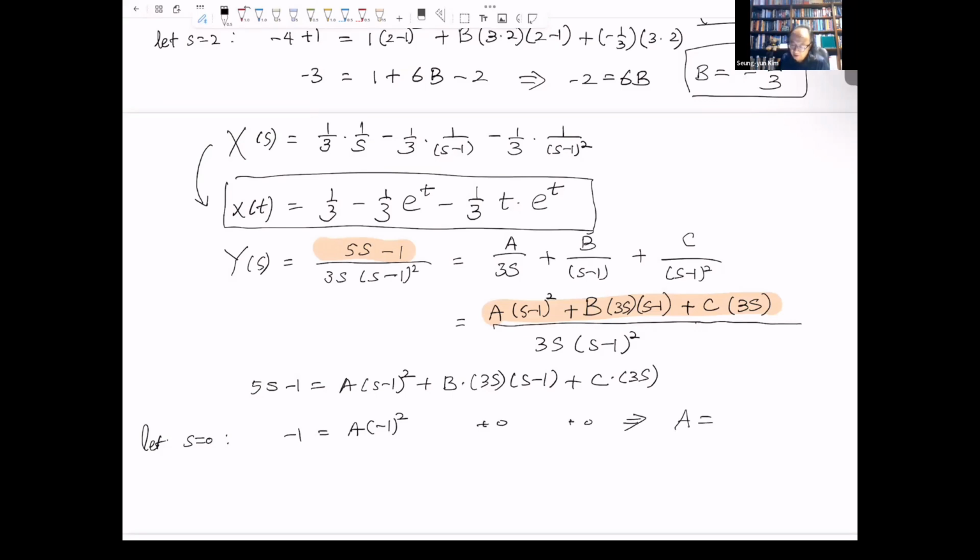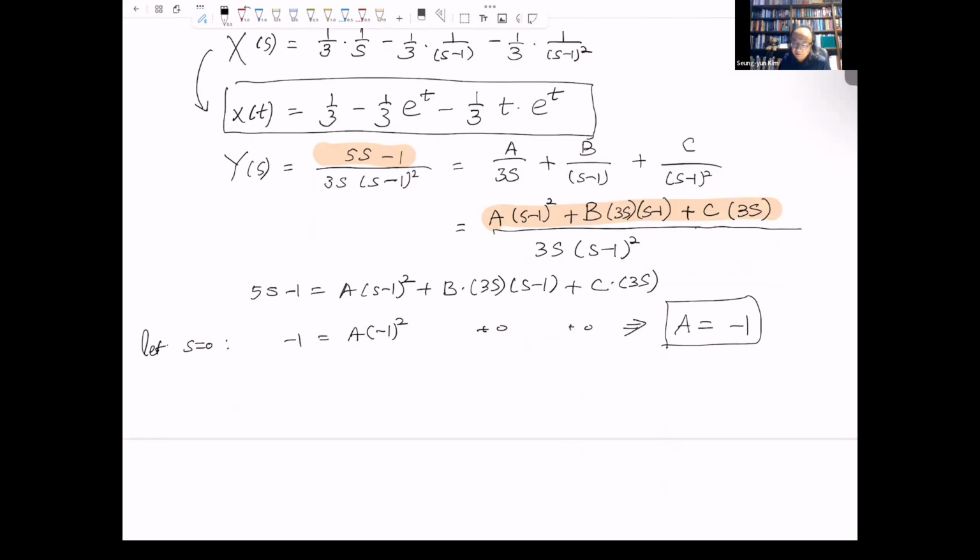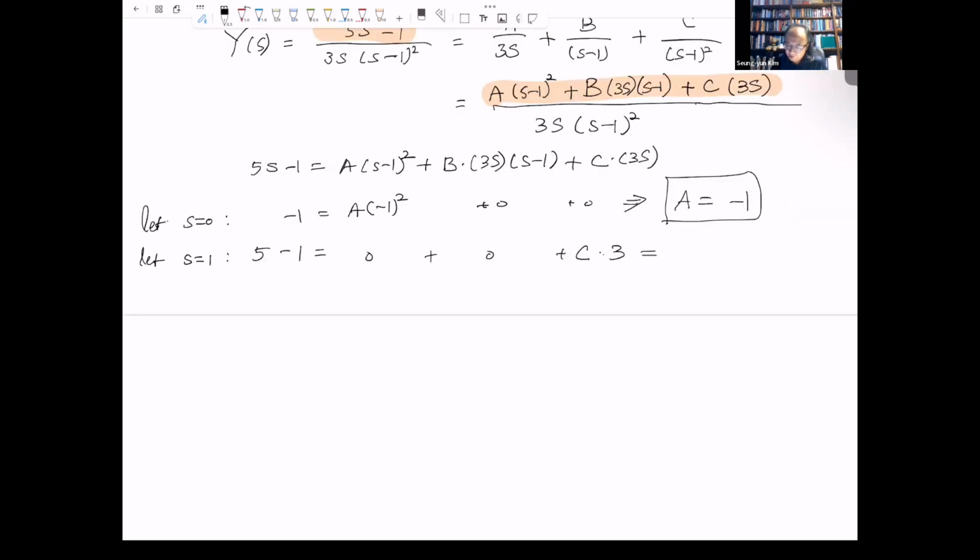So A equals negative 1. Second magic number, looking at s minus 1: if we let s equal 1, some terms are going to go to 0. 5 minus 1 for the left-hand side, and then 0 plus 0 plus C times 3 from here. 3C equals 4, so C equals 4 over 3.